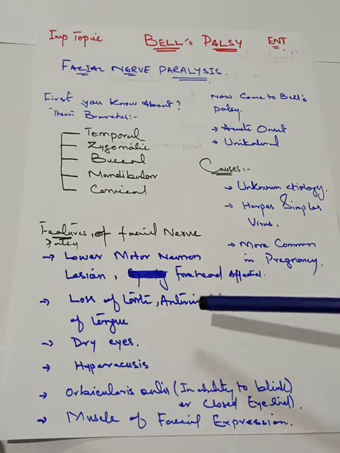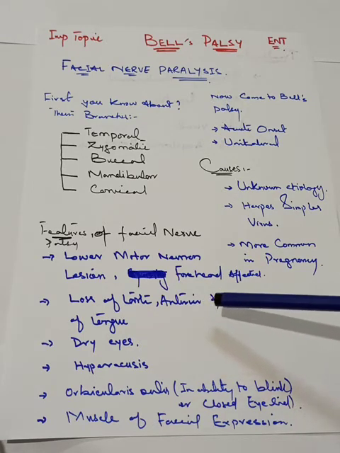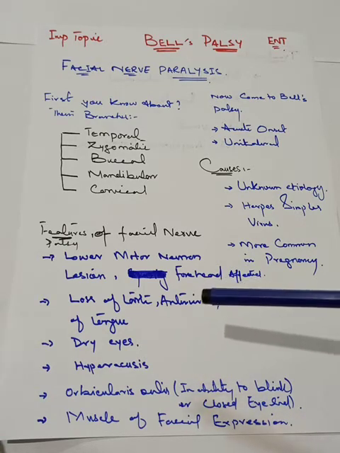The second point is loss of taste, in the anterior two-thirds of the tongue. Dry eyes, because the parasympathetic fibers which supply the lacrimal gland are also affected.